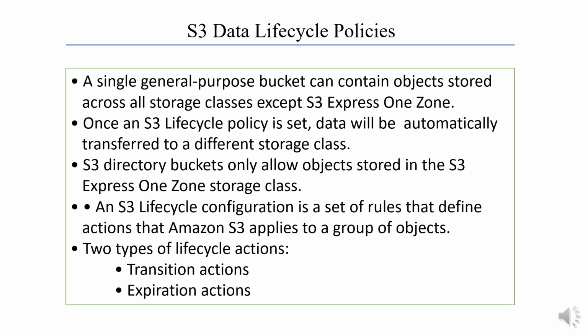Once an S3 lifecycle policy is set, data will be automatically transferred to a different storage class without any changes to the application. S3 directory buckets only allow objects stored in the S3 Express One Zone storage class, which provides faster data processing within a single availability zone, and don't support S3 lifecycle policies.